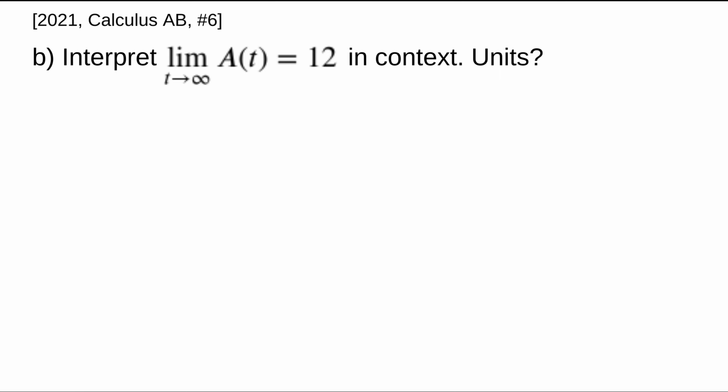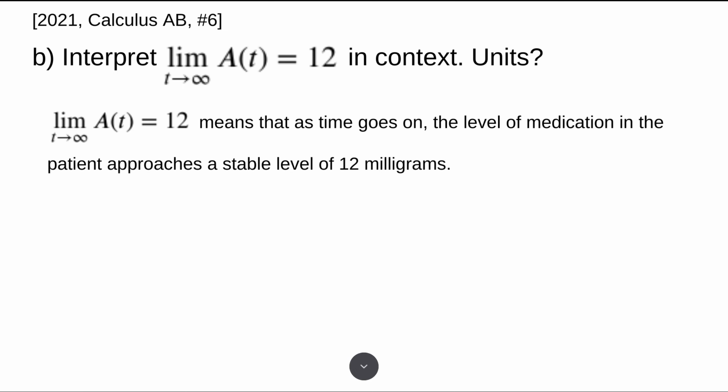Basically, this limit expression is saying that if the patient is on the medication forever, the patient would have 12 milligrams of the medication in their body consistently. So the limit as t approaches infinity of A of t equals 12 means as time goes on, the level of medication in the patient will approach a stable level of 12 milligrams.